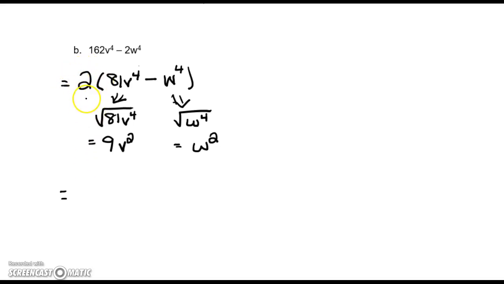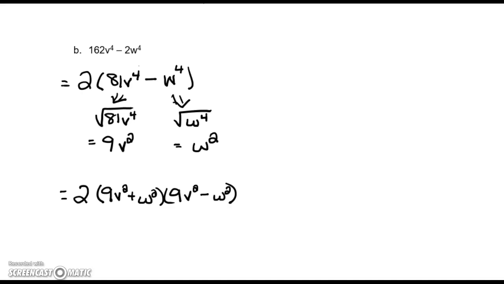Just don't forget to bring down the 2 that we pulled out earlier. So we have 2, and then you can draw those two empty brackets. On the left side goes our first term, which was 9v squared, and on the right side goes our second term, which was w squared. Then in one set of brackets, you separate the two terms with a plus sign, and the other with a minus sign, and there is our difference of squares.